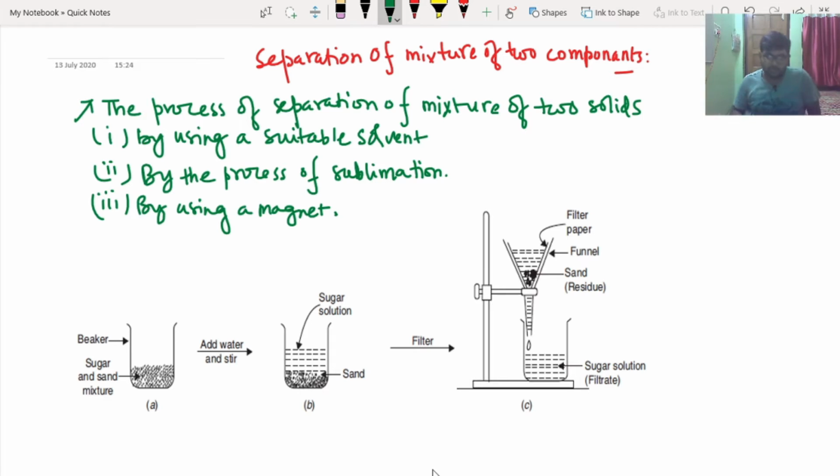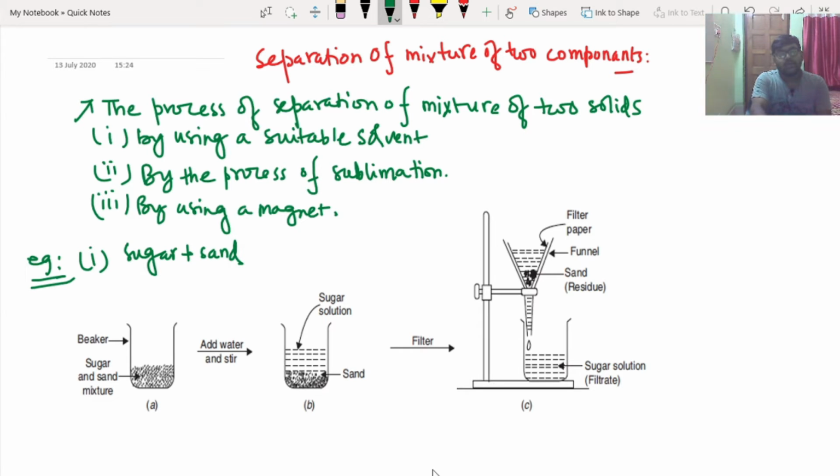For example, the first process, process number 1: by using a suitable solvent. How can we do that? For example, we have a mixture of sugar and sand.